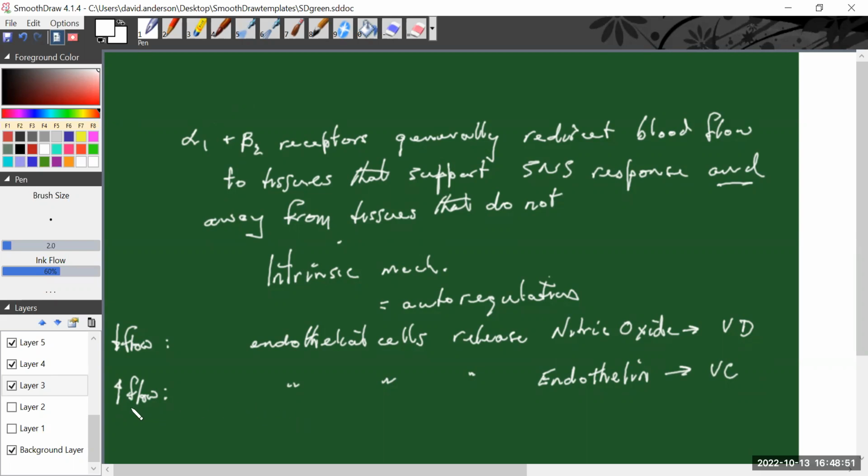The other thing is that increased flow really represents an increase in blood pressure.